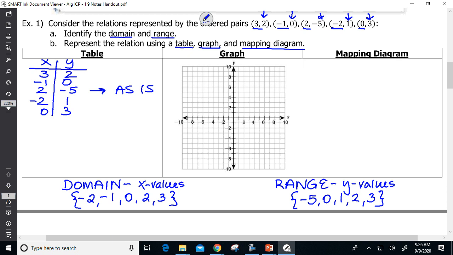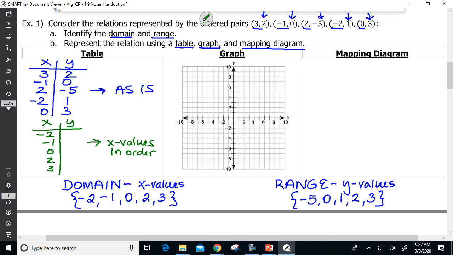Most of the time, when they give you a table, the x values will be in order. So if you put the x values in order, that's -2, -1, 0, 2, 3. But the y value stays attached to whatever x value went with it.